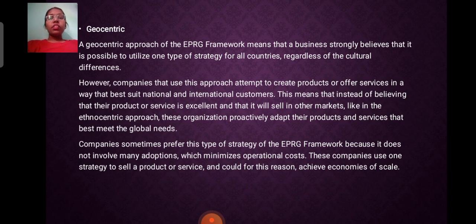Geocentric approach. A geocentric approach in the EPRG framework means that the business strongly believes it is possible to utilize one type of strategy for all countries regardless of cultural differences. However, companies that use this approach adapt to create products and offer services in a way that best suits national and international customers.